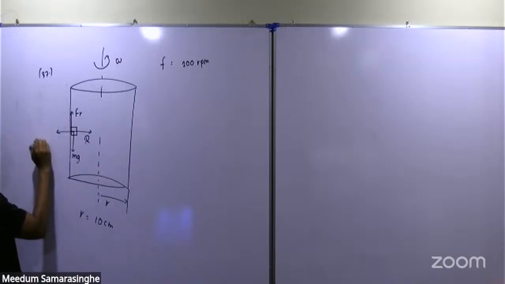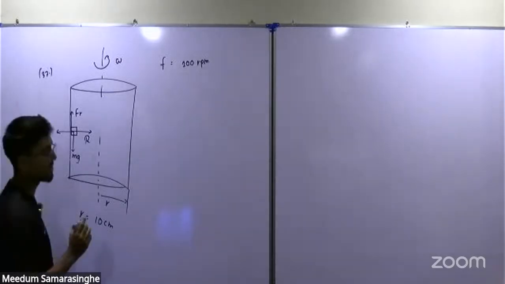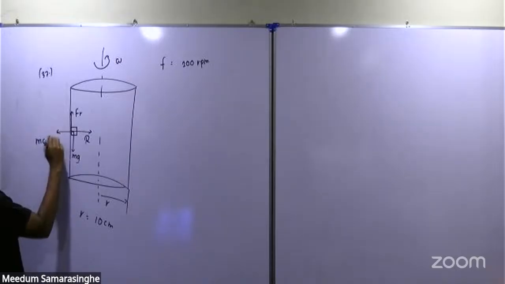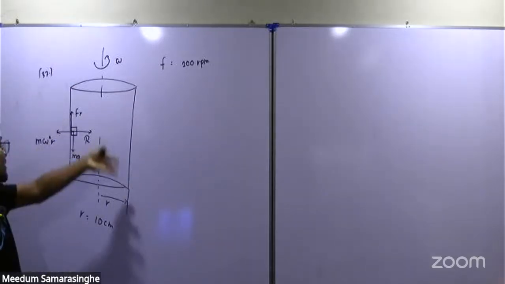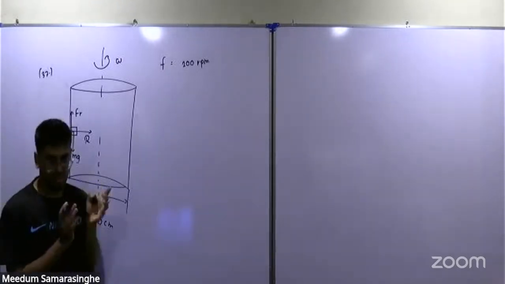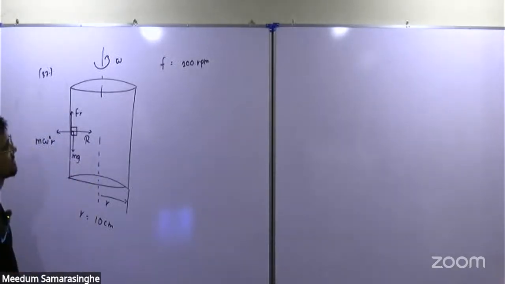Centrifugal force is m times centrifugal acceleration, which is equal to the centripetal acceleration, omega square R. So the block is at rest with respect to the cylinder, and when you consider equilibrium with respect to the reference frame, you have to put this centrifugal force.